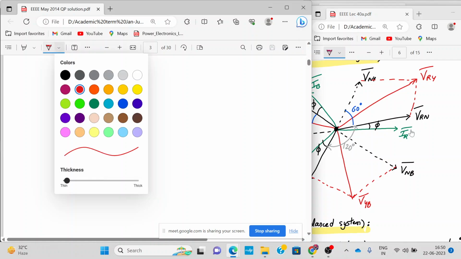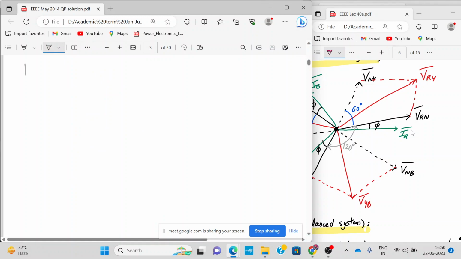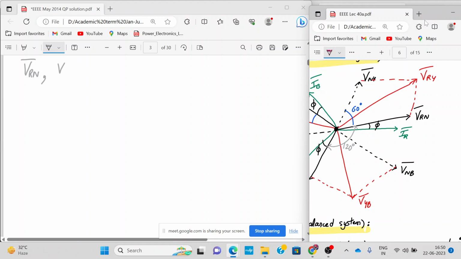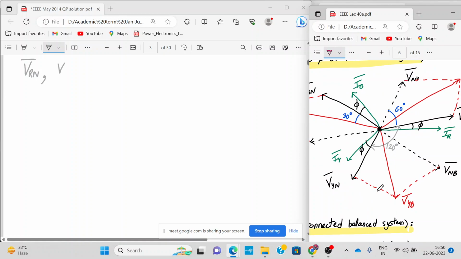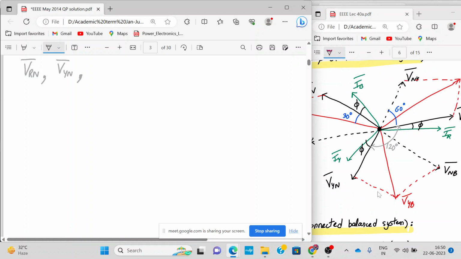Can you tell me what the three phase voltages are? VRN, VYN and VBN. So these are the three phase voltages, and first of all we have to draw them.